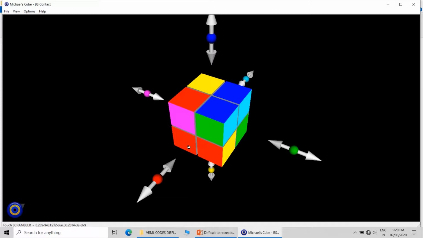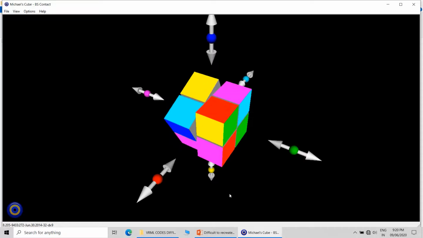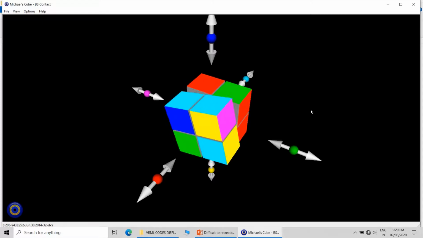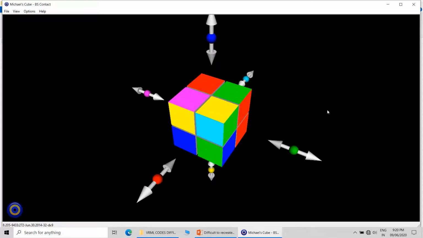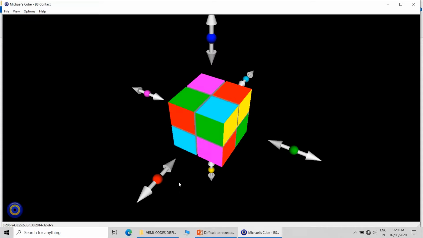I was not able to recreate it using Vivati Studio without much knowledge of programming. This is a very challenging code to be recreated using Vivati Studio, and a lot of programming knowledge is required.